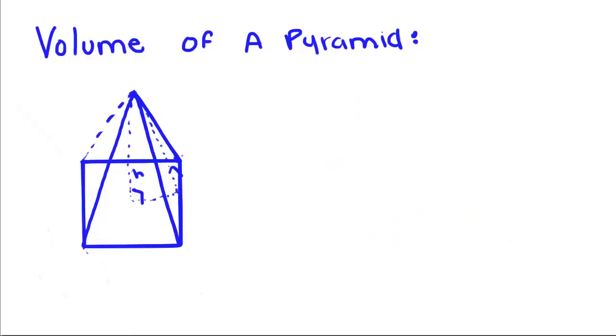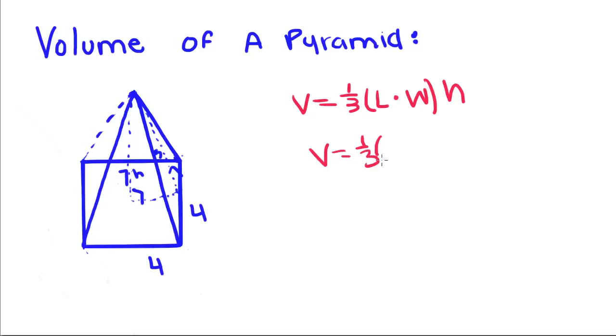So now we're going to do one more example. So volume is equal to 1/3 length times width times h. So volume is equal to 1/3 times 4 times 4 times h, and right here, that's a 7. So volume is equal to 1/3 times 4 squared, which is 16, times 7.